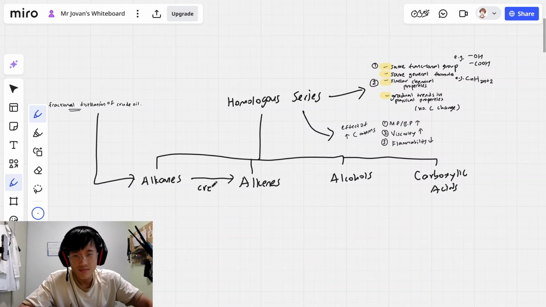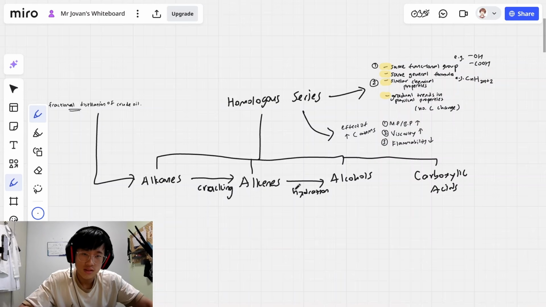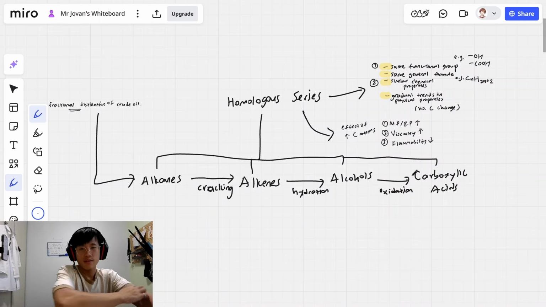Cracking. Alkenes to alcohols, what was it called? Hydration. Remember? The water thirsty thing. Now, alcohols to carboxylic acids, what was it called? Oxidation. Wow, my map is forming already.